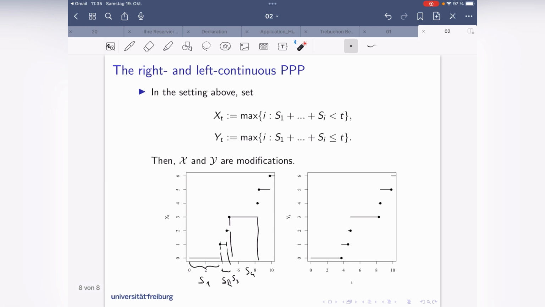So for example, if my t is here, the state is the largest index such that S1 plus S2 plus S3 is smaller than t. Well, that's 3. The index must be 3. It cannot be 4 because when I add S4, I'm here, I'm bigger than t.